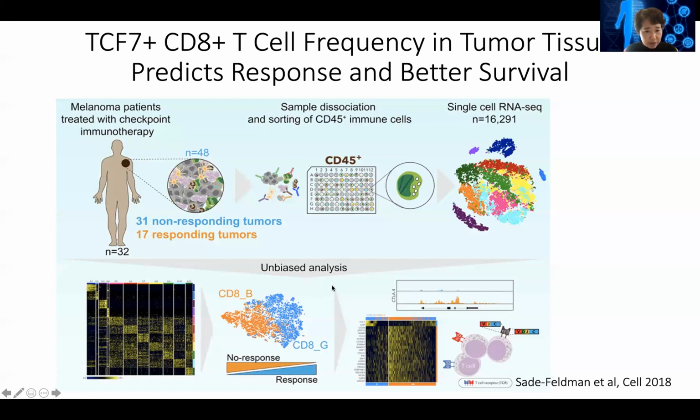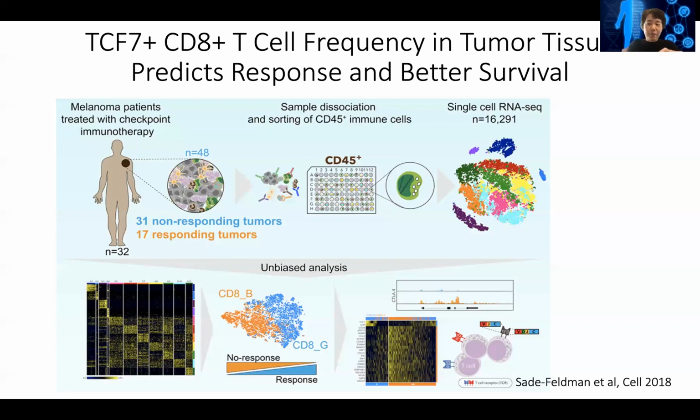Yeah, and when they looked at the CD8 T cell gene expression difference, they saw one important difference, which is TCF7. This is in the naive CD8 T cells. And when the T cells are activated, if the patient can retain enough of the TCF7 positive CD8 T cells, then they observed a better response and also better overall patient survival.